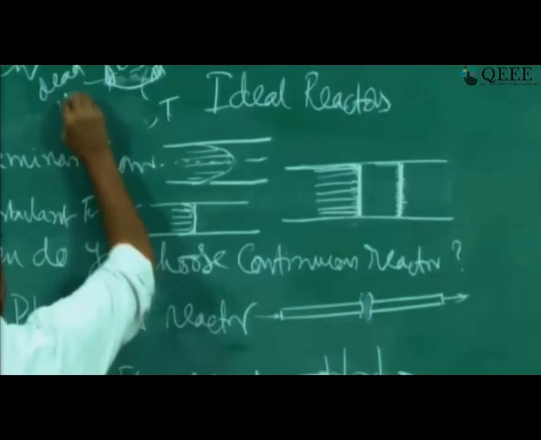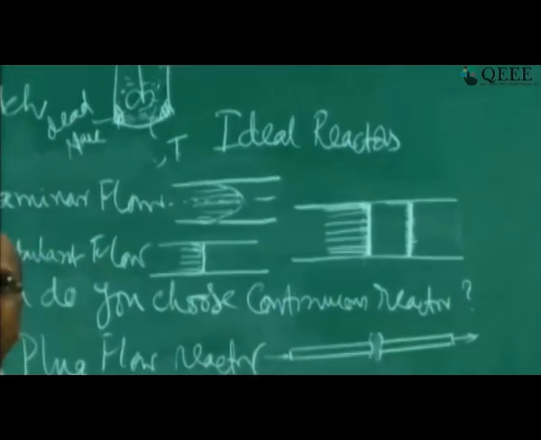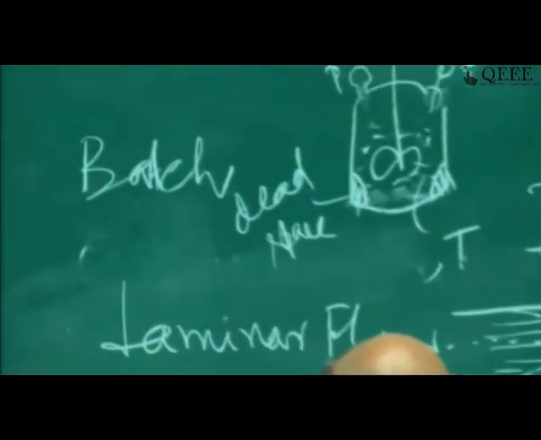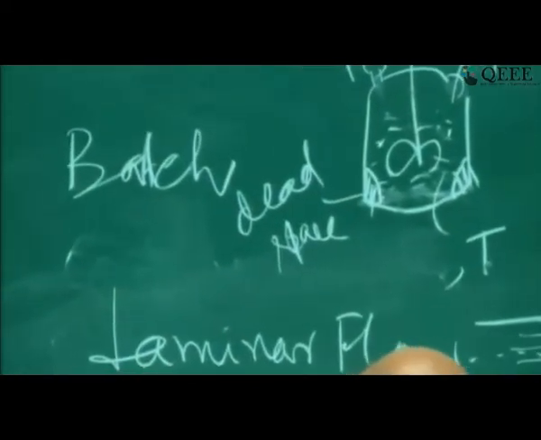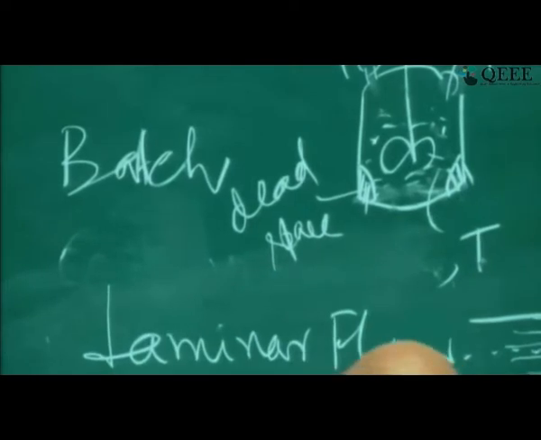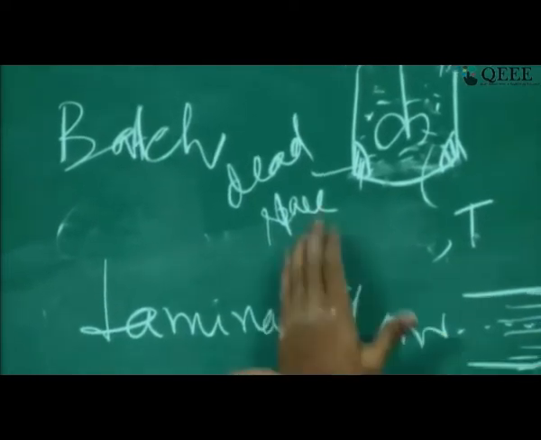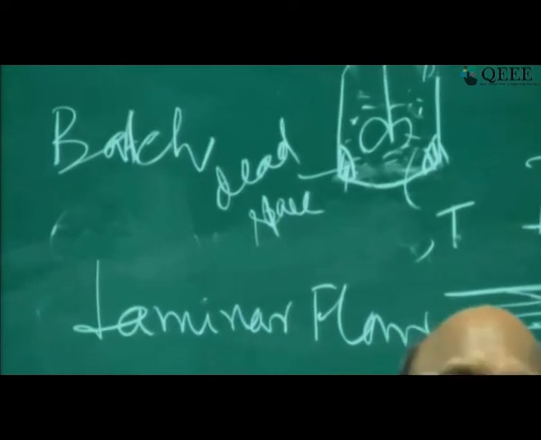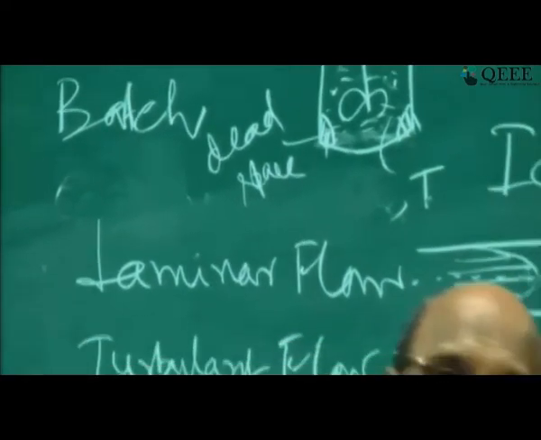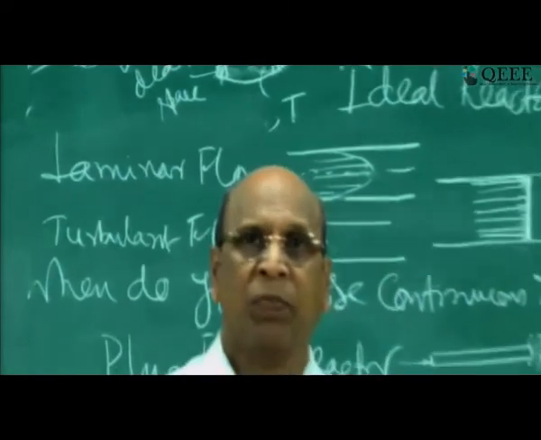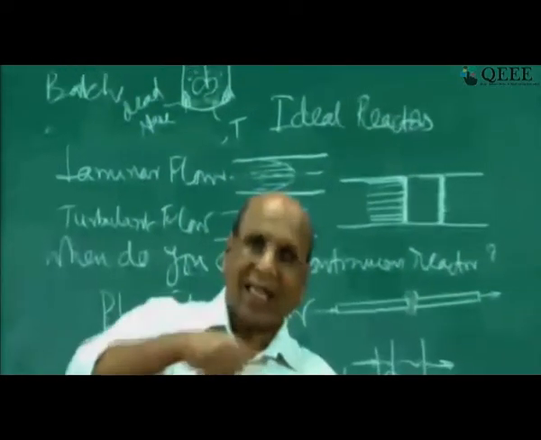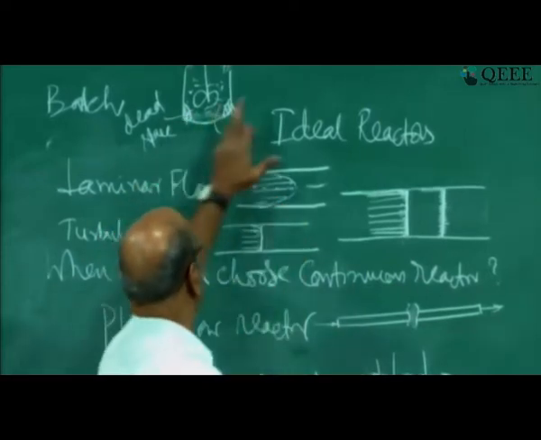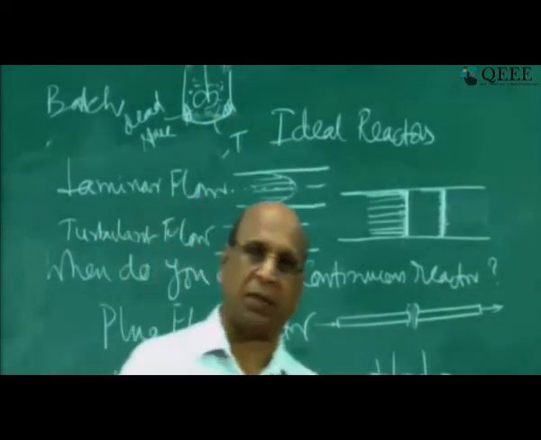Dead space means the material in that corner may not be moving vigorously. In an ideal batch reactor, that kind of dead space is not at all available. If your stirrer design is not very good, then you will definitely have dead spots here and here. So that is a non-ideal batch reactor.